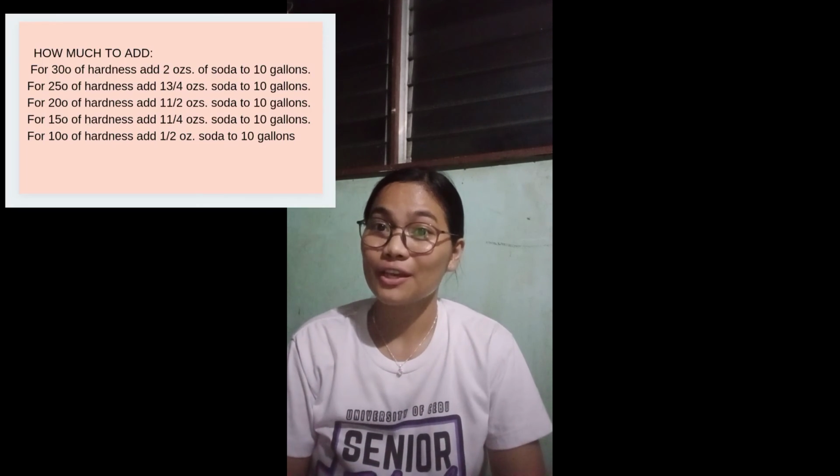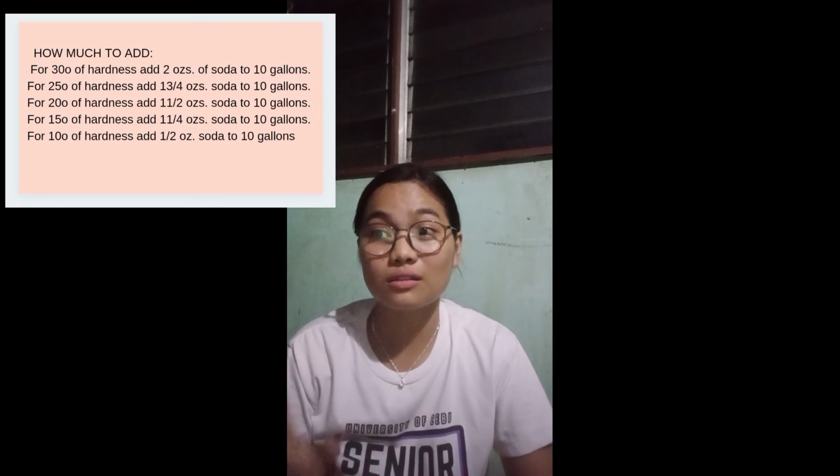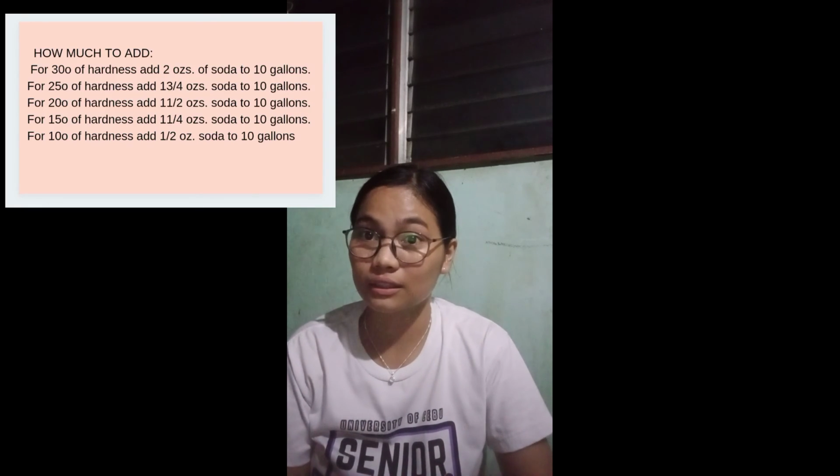Washing soda can remove the hardness of water, but the question is how? By adding the right amount of soda, it can soften your water. Just for example, for 30 degrees of hardness, add 2 ounces of soda to 10 gallons.